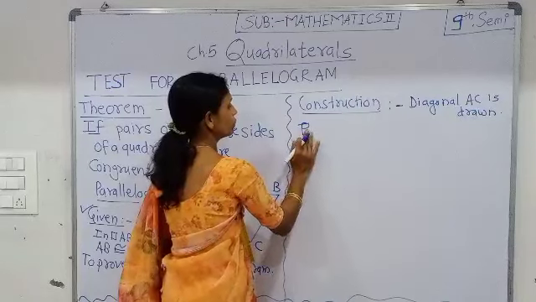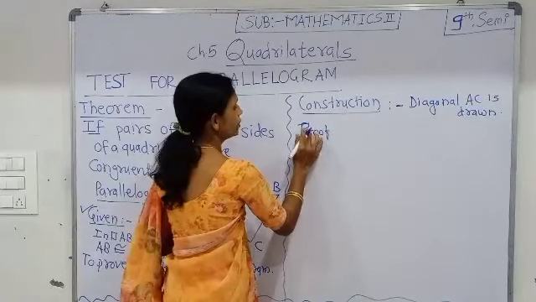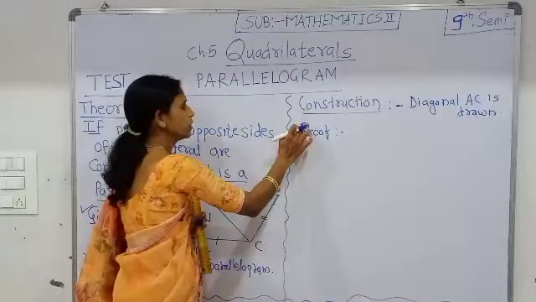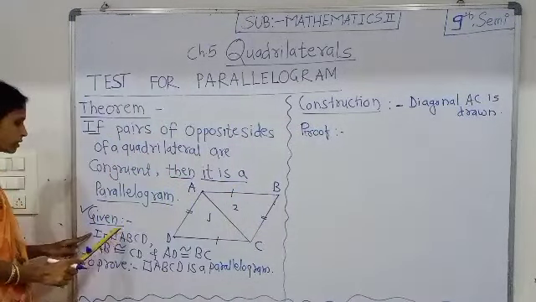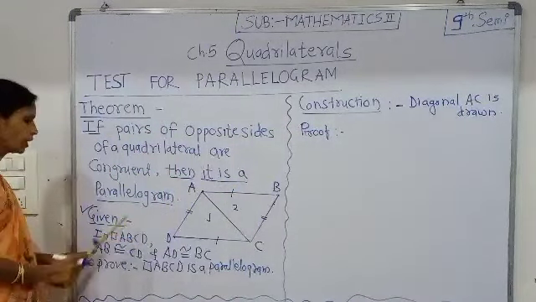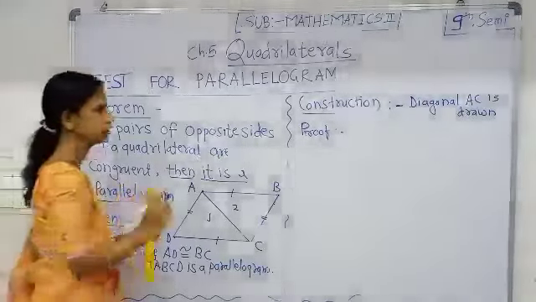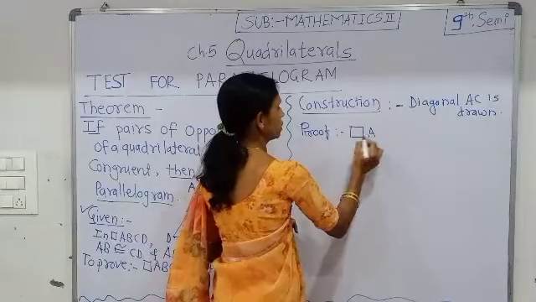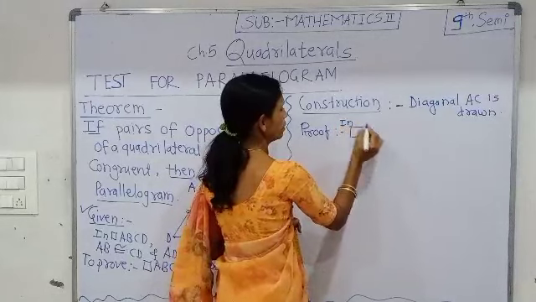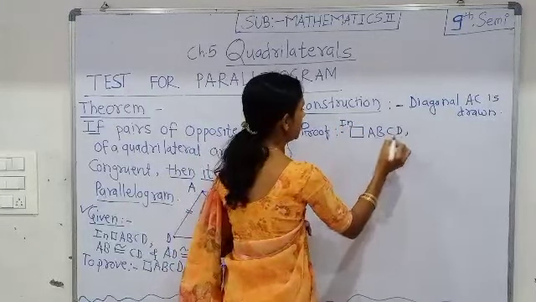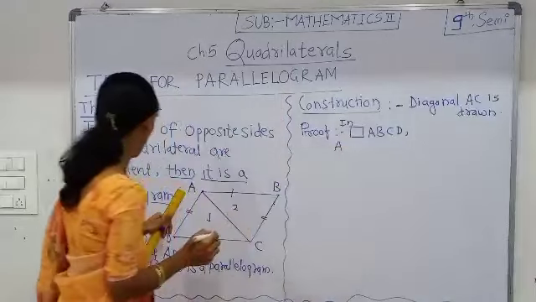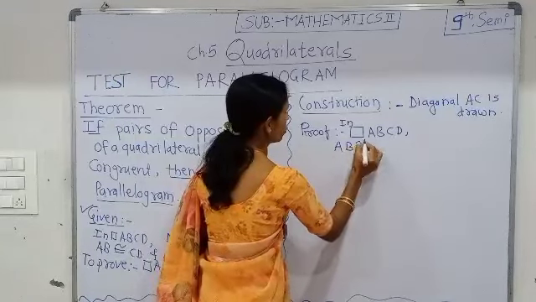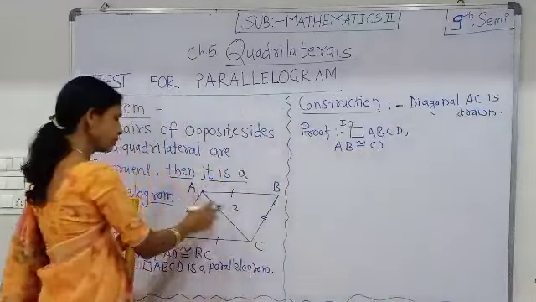Then the proof here is given on the basis of the property which is given, that is in this quadrilateral ABCD, AB congruent CD. Therefore, we have to write the property which is given here: in quadrilateral ABCD, AB congruent CD, isn't it?